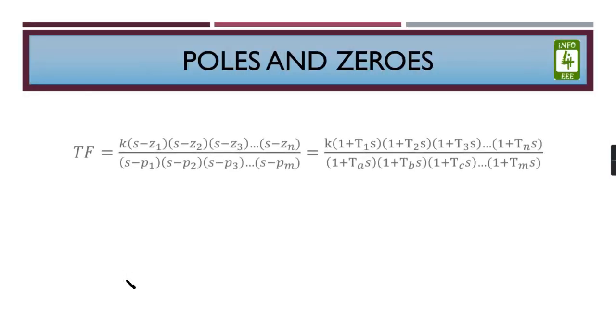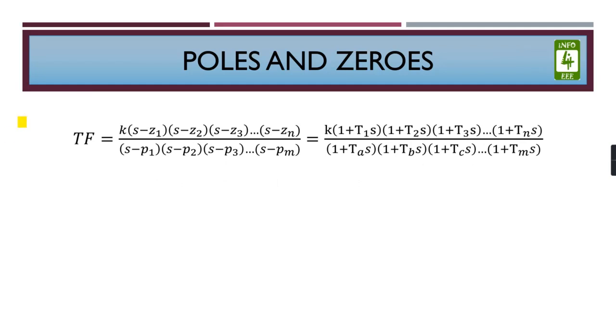Now what are poles and zeros? If we write the transfer function in generalized form, then it is given as k into (s minus z1) into (s minus z2) and so on up to (s minus zn), divided by (s minus p1) into (s minus p2) and so on up to (s minus pm).